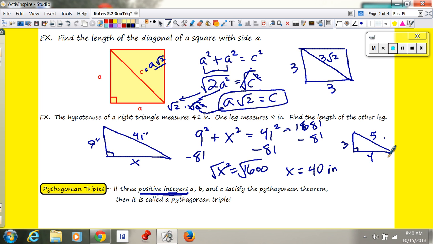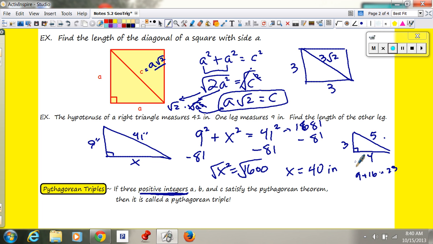What's 3 squared? 9. What's 4 squared? 16. What's 9 plus 16? 25. What's 5 squared? 25. So this is probably the most popular Pythagorean triple right here. It's 3 whole numbers that make the Pythagorean theorem work.